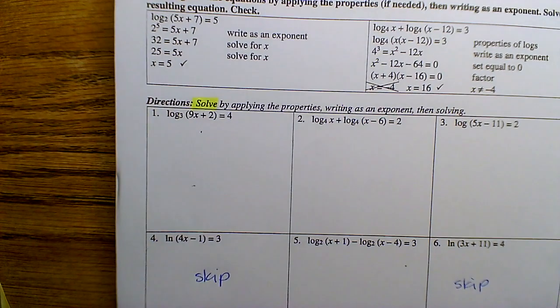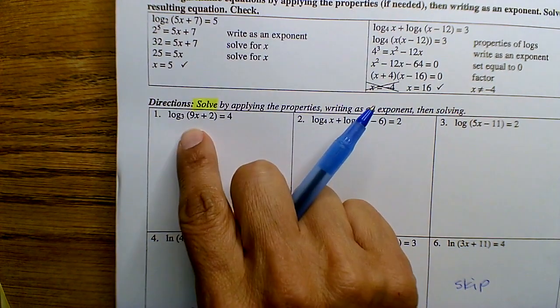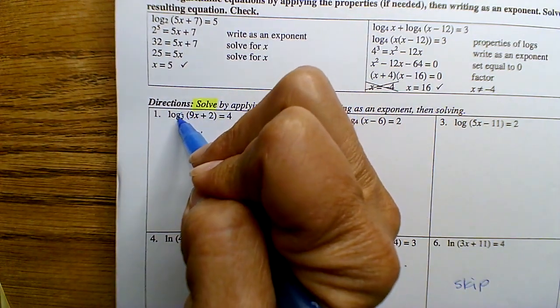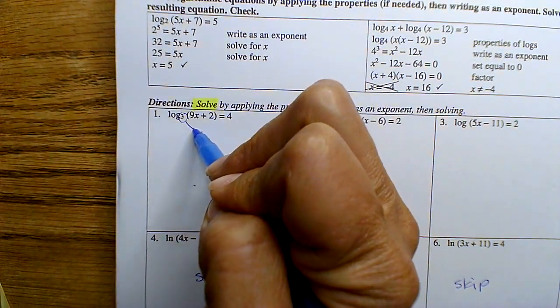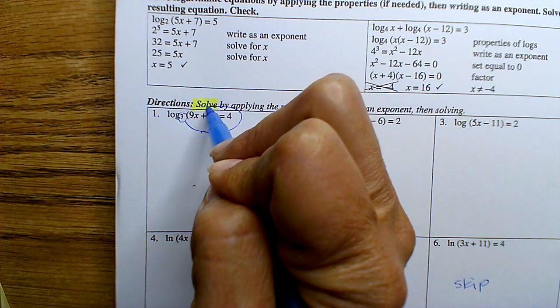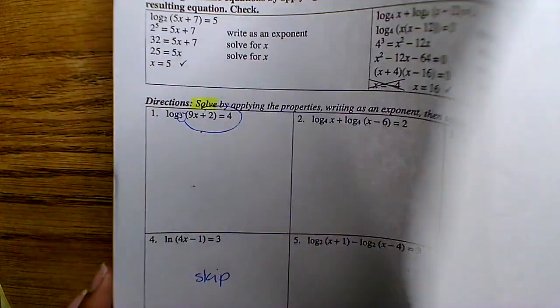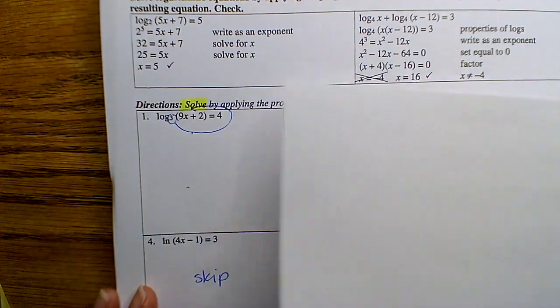If you guys remember how to write logs into exponential form, do you remember it's your base, and you do this counterclockwise rotation? So where's my paper? Let's write on paper.